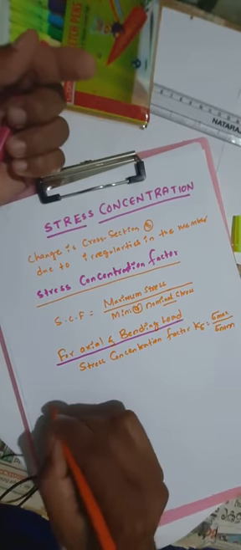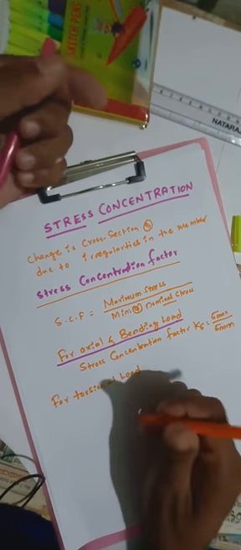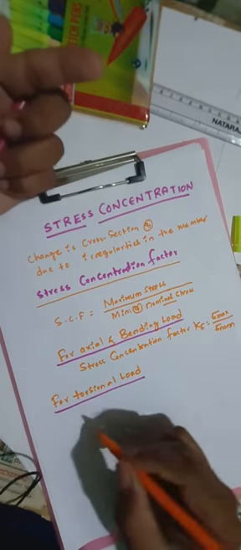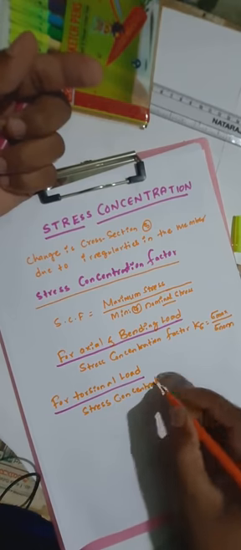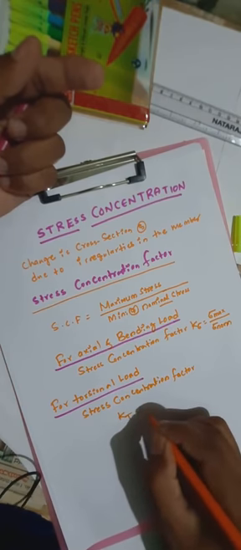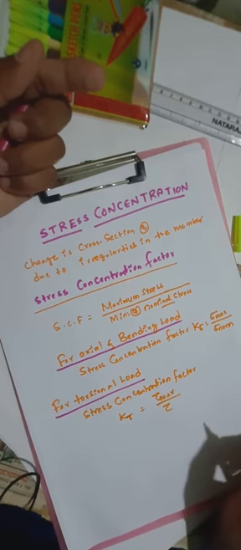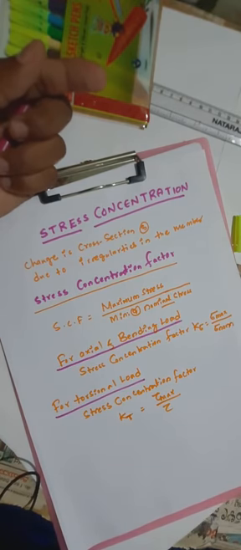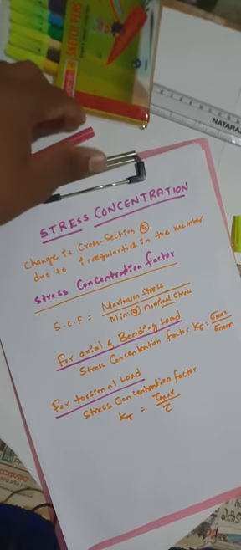If you go for torsional load, the stress concentration factor for torsional load, K tau, is equal to tau max divided by tau nominal. That is, K tau is equal to the maximum shear stress divided by the nominal shear stress.